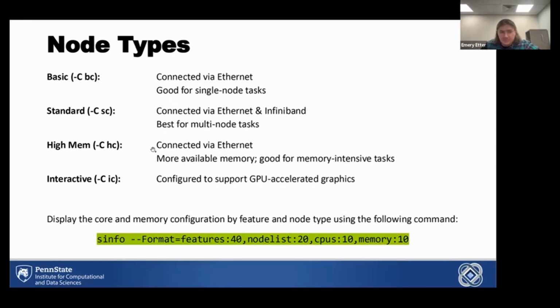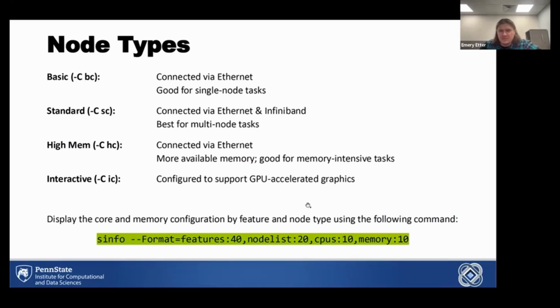So if multiple nodes have to talk to one another, standard node is probably the way you're going to want to go. If you're dealing with some memory intensive tasks like large data sets, the high memory nodes may be best. And then the interactive nodes are the last type that we have available, at least through that form for the open queue. They have GPUs on them, but the GPUs are specifically set up for graphics acceleration.